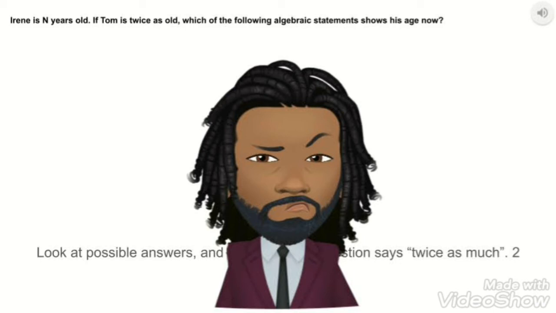So we'll go ahead into the next question, which says Irene is n years old. If Tom is twice as old, which of the following algebraic statements shows his age now? All right, so basically what we're looking for is the algebraic statement, and so that means that there is no equal sign.